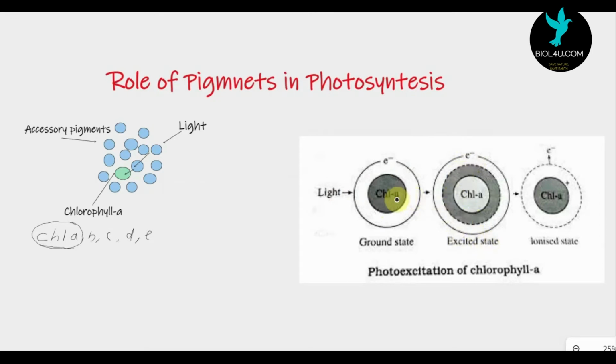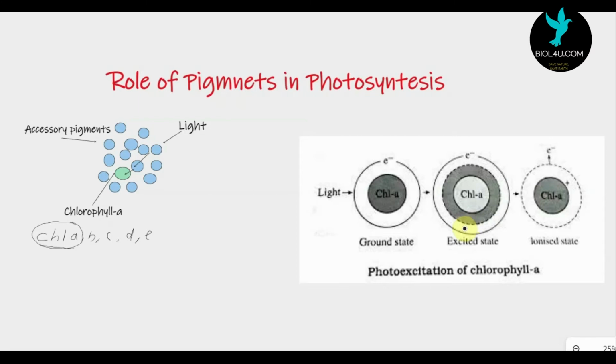So the ground state of chlorophyll is converted into an excited state by absorbing the sun's energy, the solar energy, and the outermost electron is expelled to the next higher energy level. That is known as the excited state.